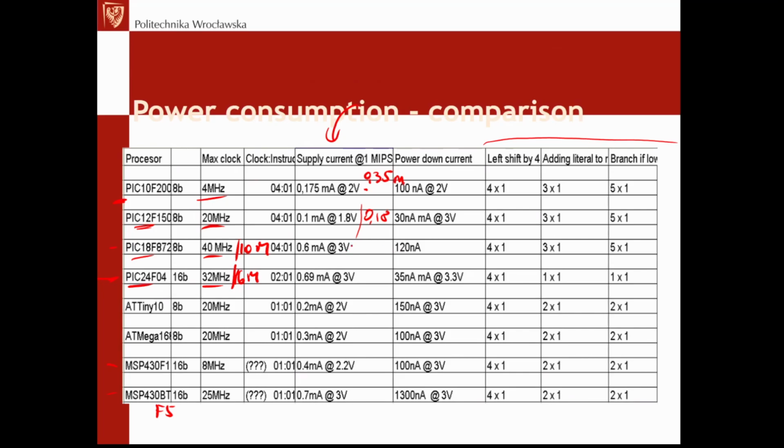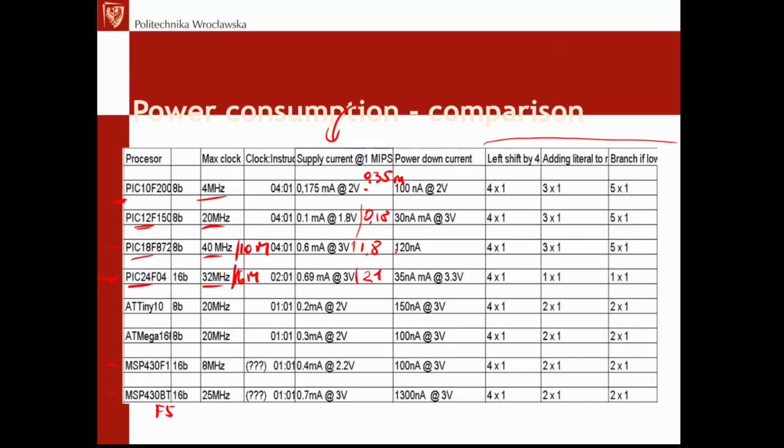PIC18 and PIC24 are greater, of course, much larger values, because we talk here about 1.8 and here about 2.1, let's say, milliwatts. But at the same time, take a look, PIC24, okay, we have to deliver more energy than on PIC18.